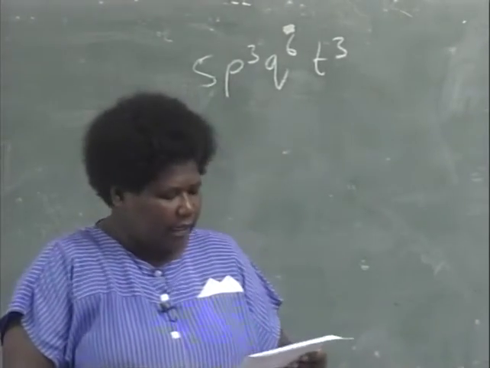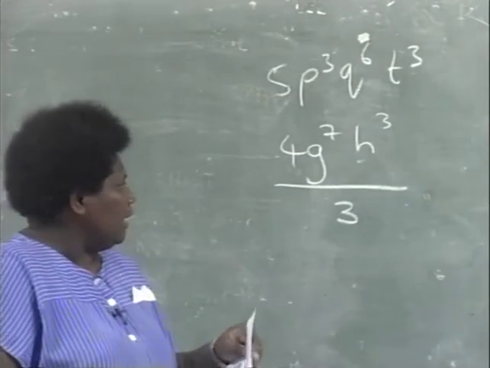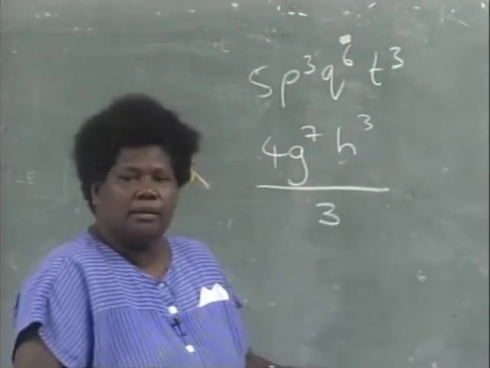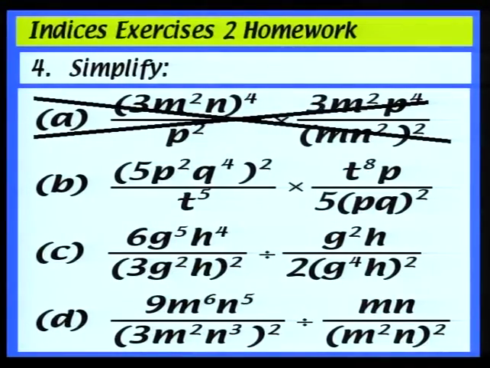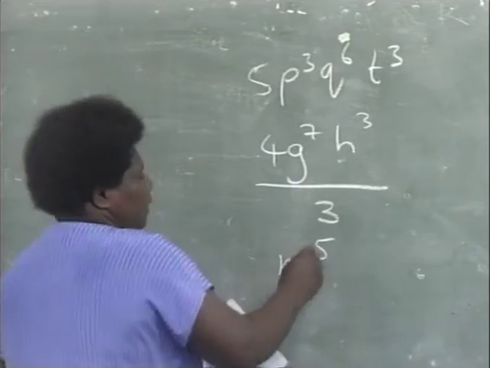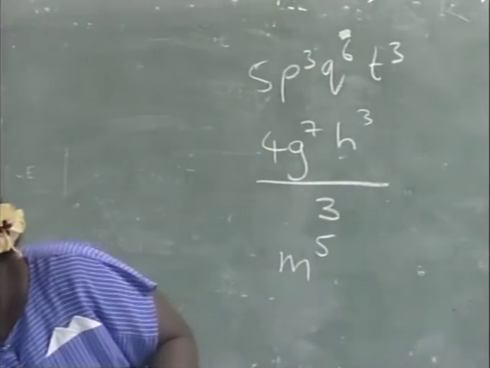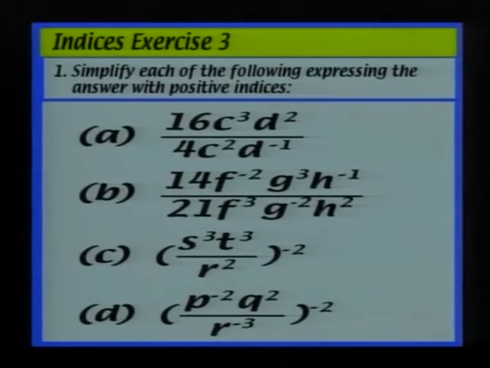Okay, Raylene, letter C. 4g to the power of 7, h to the power of 3 over 3. 4g to the power of 7, h cubed over 3. You all agree? Okay, next one, Agnes, letter D. M to the power of 5. You agree with that? Okay, now we go on to letter A of exercise 3, question 1.